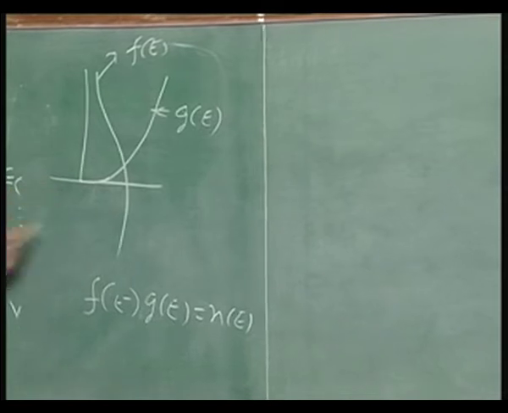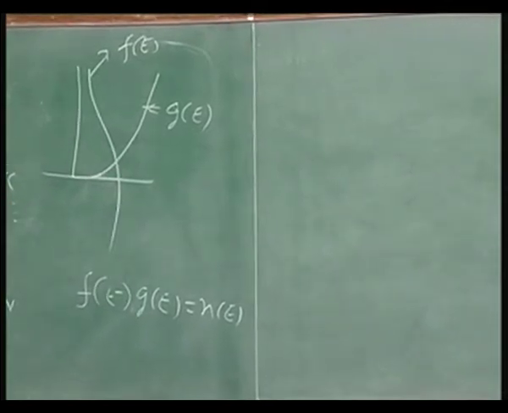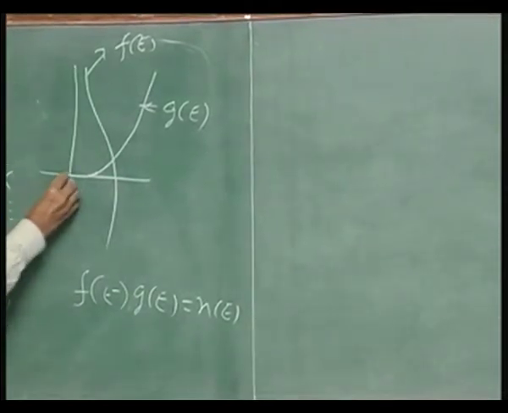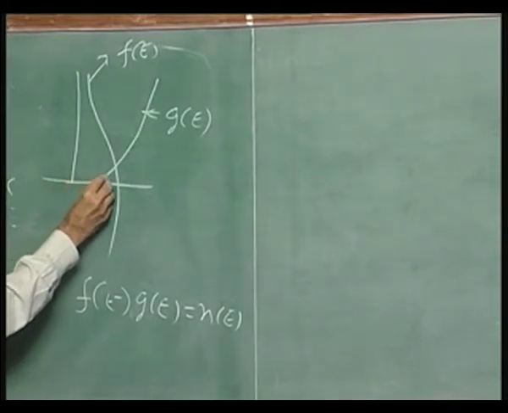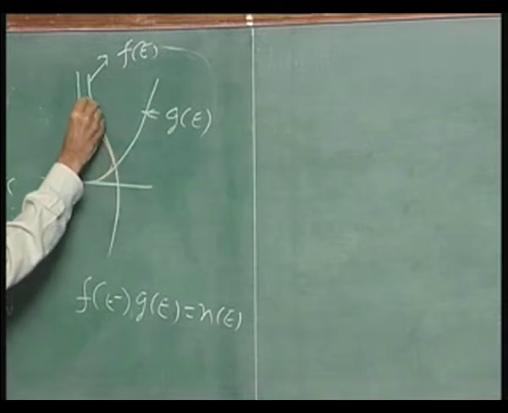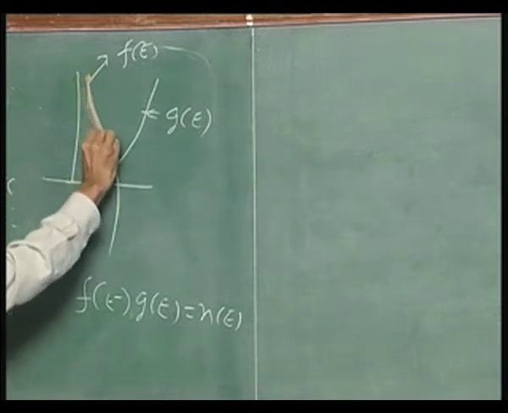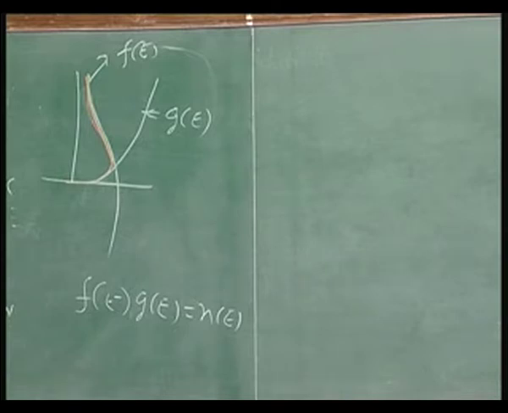That is what you are plotting there. The product of these two will be this 0 multiplied by something, 0. So, it goes up like that. That is how it is. That is what you have plotted there.